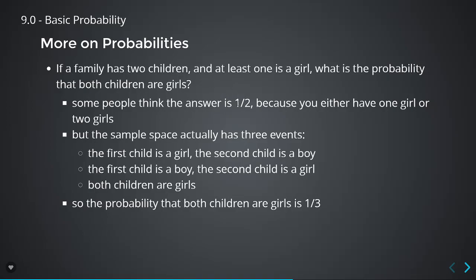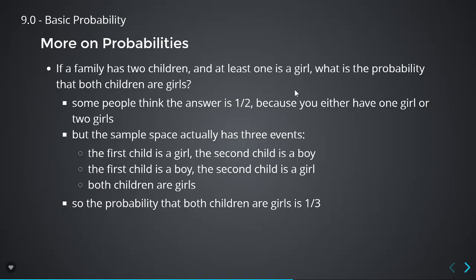Some people say the answer is 1/2 because, well, you fix the first one. The first one's a girl. So now you only have the other one. Can the other one be a boy or a girl? And they think, well, it's 1 in 2. But the sample space actually has 3 events. So you can have the first child being a girl and the second child being a boy.